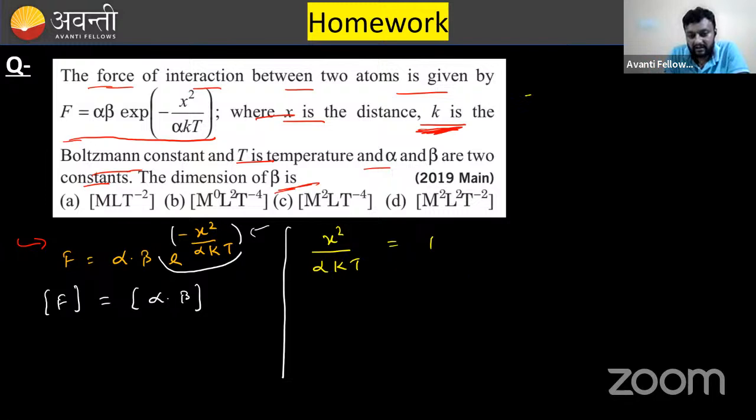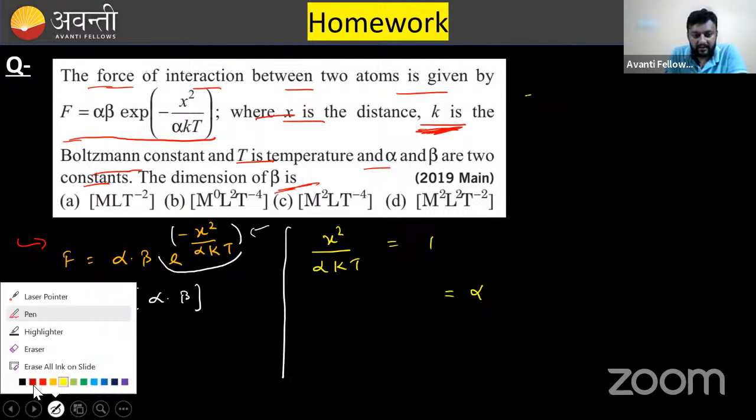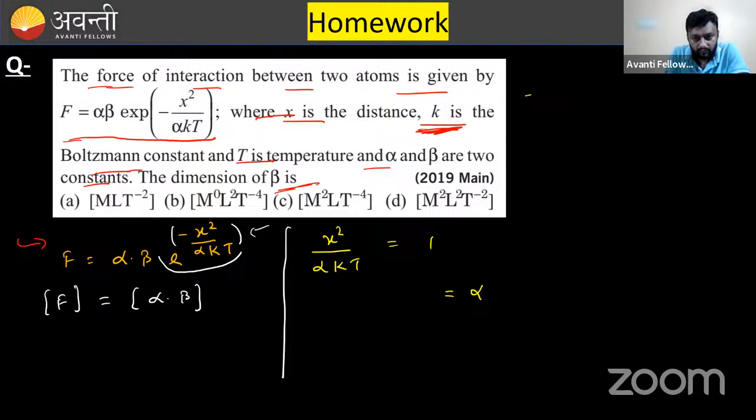Now for alpha, I'm writing the dimension of every part except alpha. So alpha I am taking here is equal to, I'm writing the dimension of x, which is the what? Distance. Distance means L square. Very good. The dimension of Boltzmann constant is M L square T minus 2 theta minus 1.